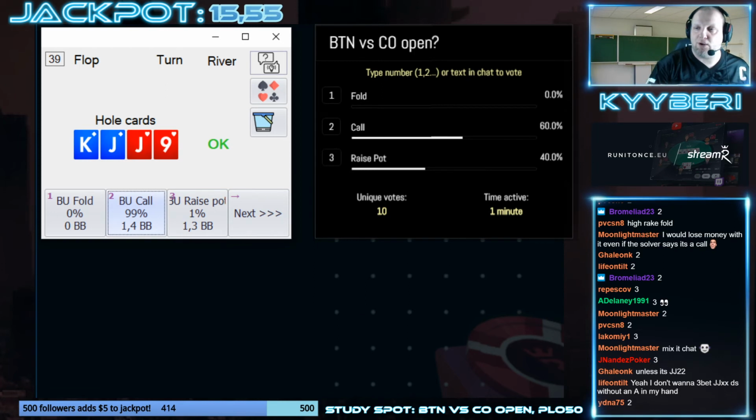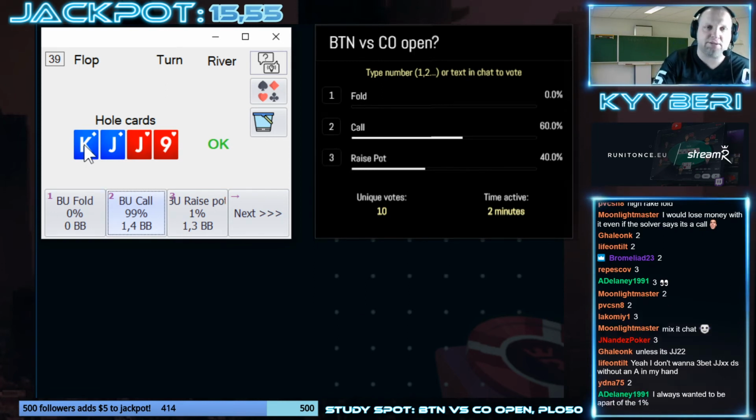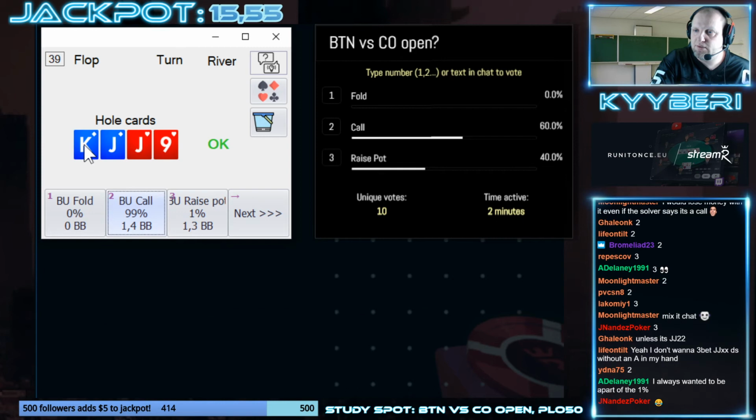And yeah, what Life on Field says is that if this would be the ace of diamonds, it's different because then you block aces a lot, and you don't have to worry about an ace high board that much, and you have more equity versus kings, queens.